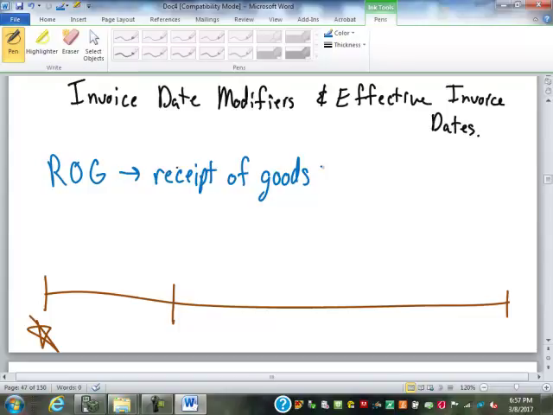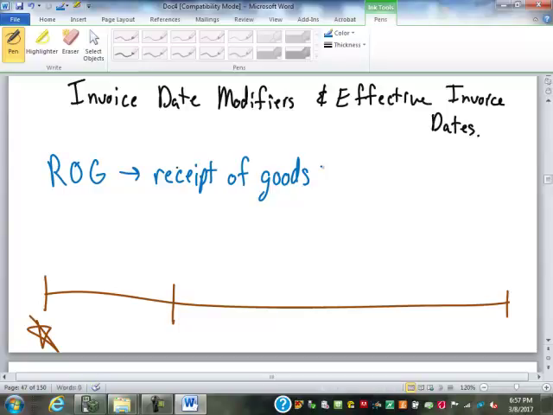It might take days to even sometimes a couple weeks or more for really large items to ship. Well, if you have a 10-day cash discount period and it takes 11 days to ship it, you didn't even receive the invoice until after your discount period was up.